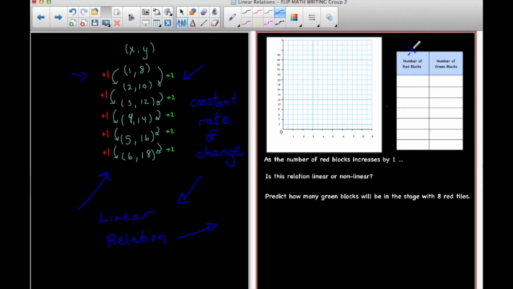If x represents the number of red blocks and y represents the number of green blocks, we can express these ordered pairs in the form of a table, where our first coordinate is 1, 8, our second is 2, 10, our third is 3, 12, our fourth is 4, 14, our fifth is 5, 16, and our sixth is 6, 18.